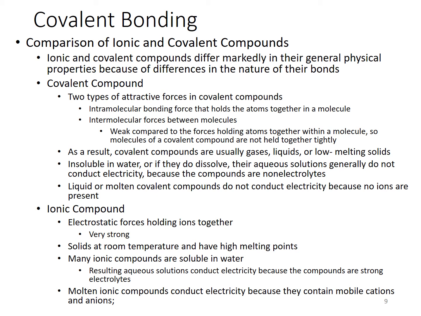We're not forming positive and negative cations and anions like we are in ionic compounds. Covalent bonds tend to actually be a little weak in comparison to ionic bonding. As a result, their physical properties are very different. So they tend to be gases, liquids, or low melting solids. So very low melting points for these solids.